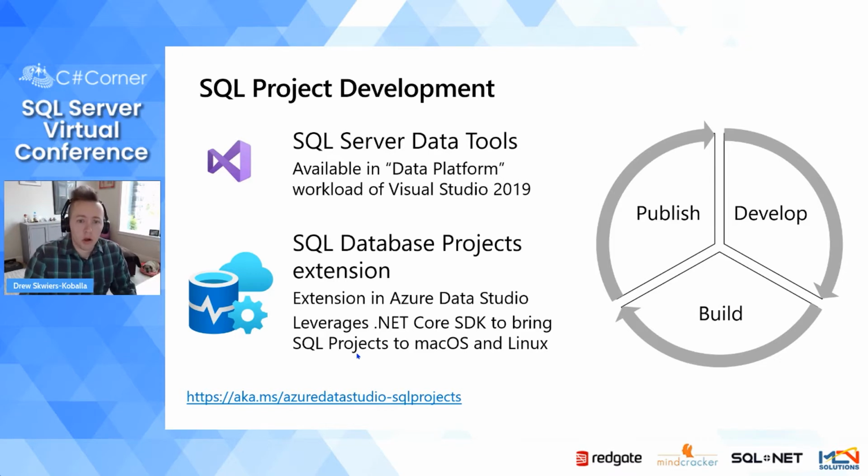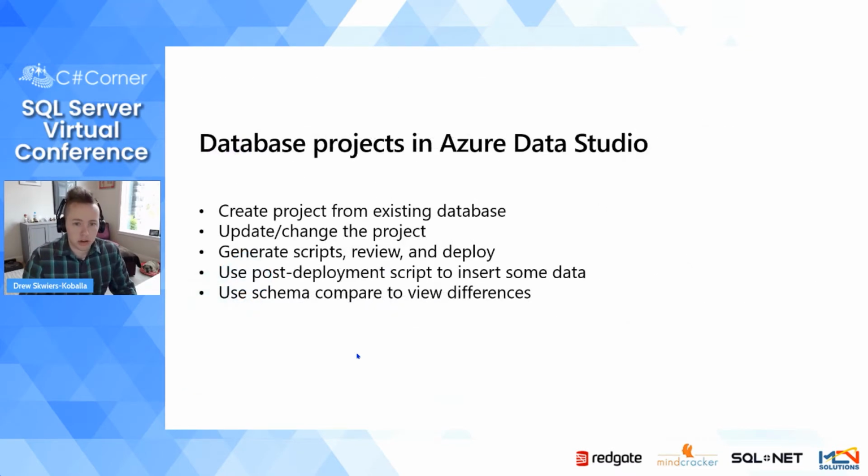Slideshows are fun and all, but I want to go ahead and dive right into working with database projects in Azure Data Studio. We're going to take a look at an example where you can create projects either from scratch, or you can grab an existing database and work with that. We're going to make some changes to our database, build it, and look at what the deployment process looks like.